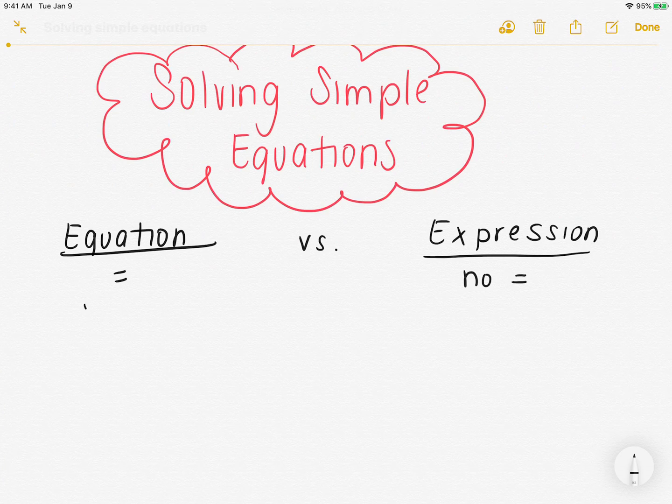So an equation is something like x minus 8 equals 17, whereas an expression would just be the x minus 8 part. Just a little math lingo for you.